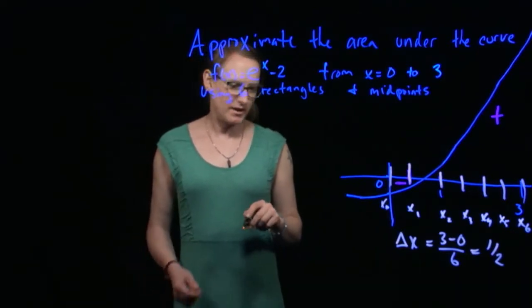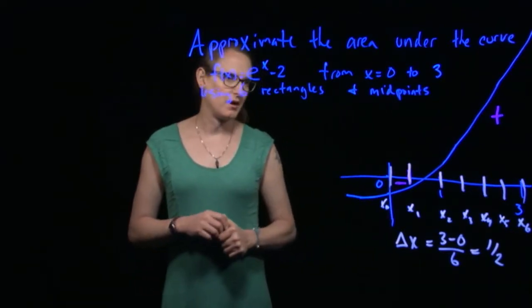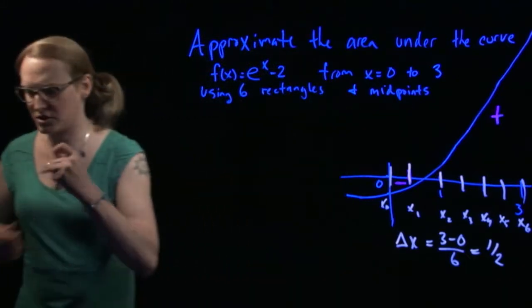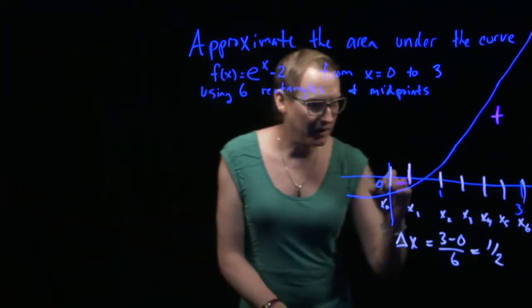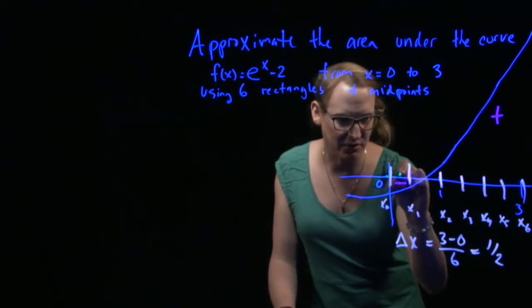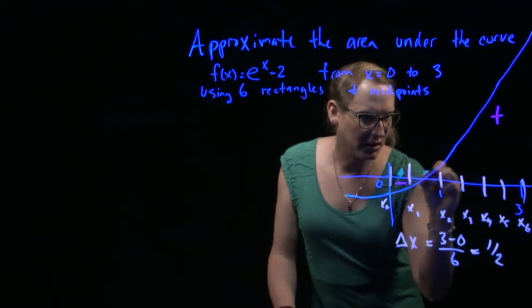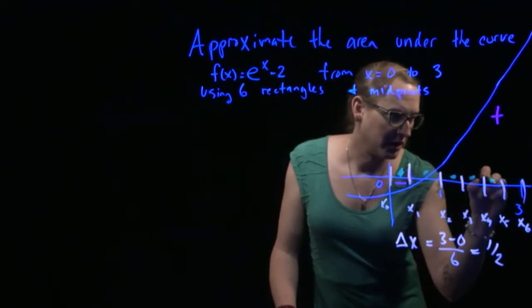And we're going to be using the midpoint rule. So the points that I'm actually going to evaluate my function at for the heights of my rectangles are going to be here, here, here, here, here, and here.